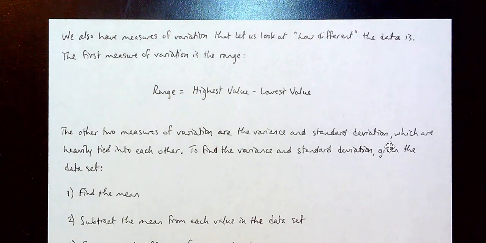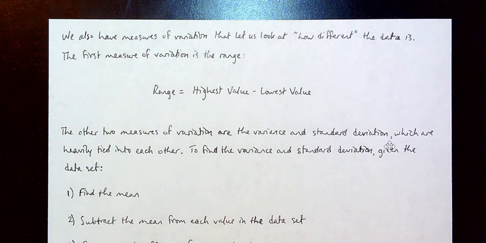If there's a pretty big difference between your lowest and your highest value, then the data varies quite a bit, so there's going to be a lot of variation there. If there's not a big difference between your highest and your lowest value, then there's not much variation happening there, and perhaps that's what we want. So the range is simply highest value minus lowest value.